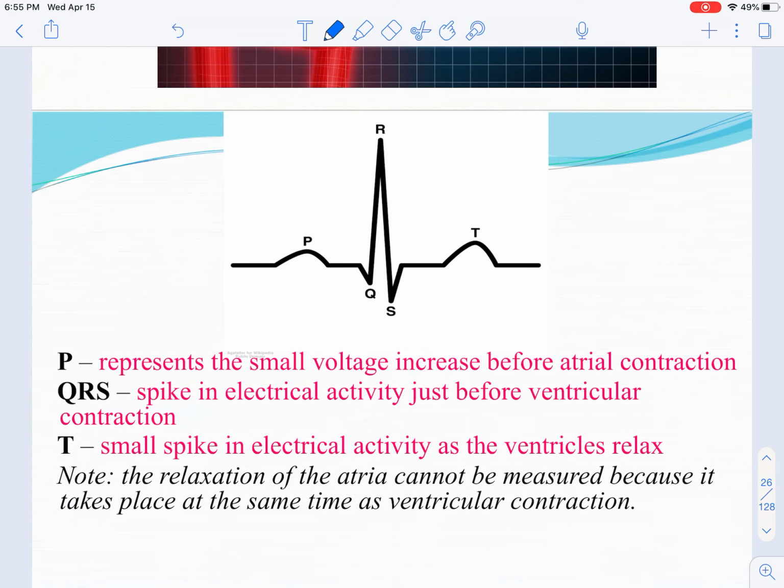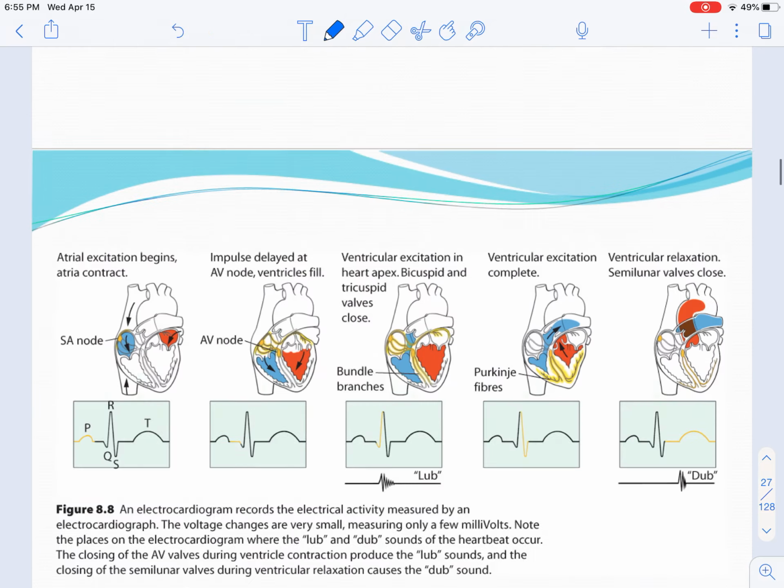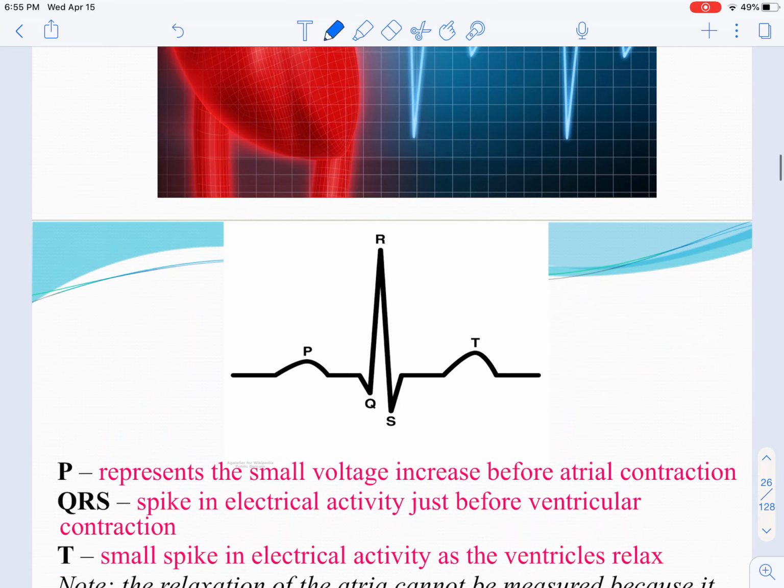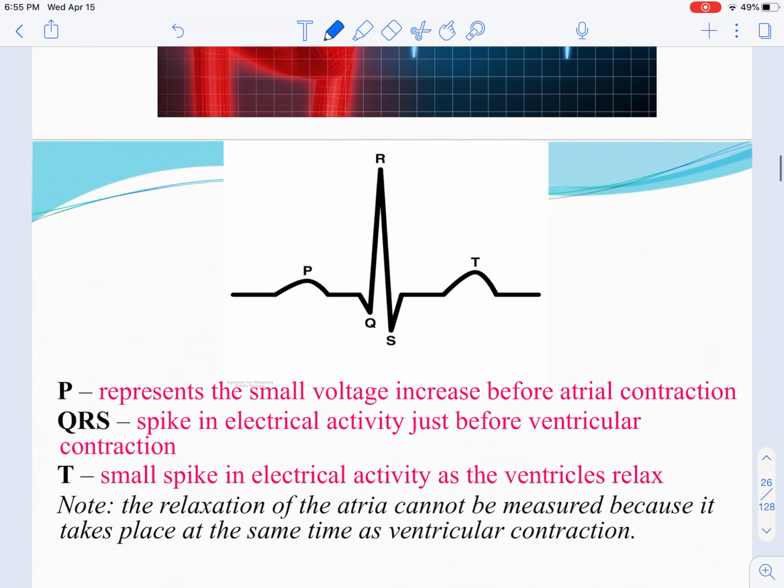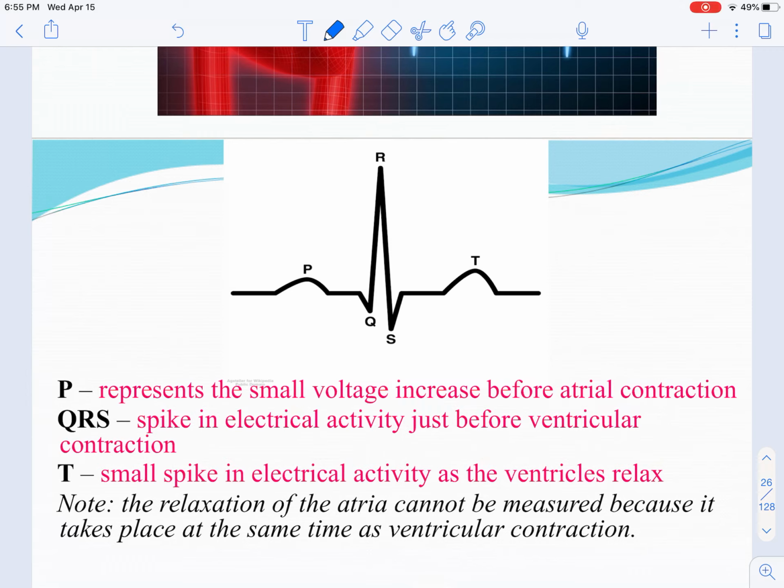And what you get on a little ECG paper, maybe you can look up a picture of one, I'm not sure if I put a picture of one here, but you get repeating PQRST waves on a little electrocardiograph paper coming out of the ECG machine, or you see it digitally on the ECG machine.